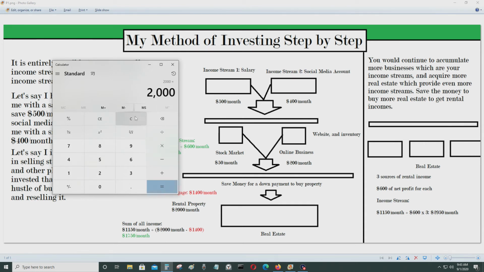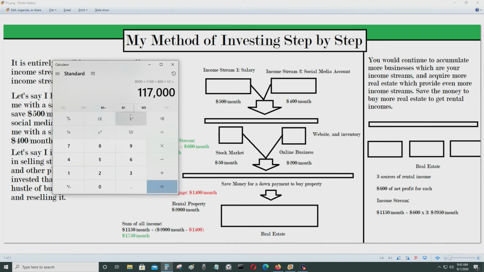Now it's 2,000 times 4, so $8,000 a month in rental income, plus 600, 1,150, so 9,750. So I pay off 4 properties, right? $9,750 a month times 12.